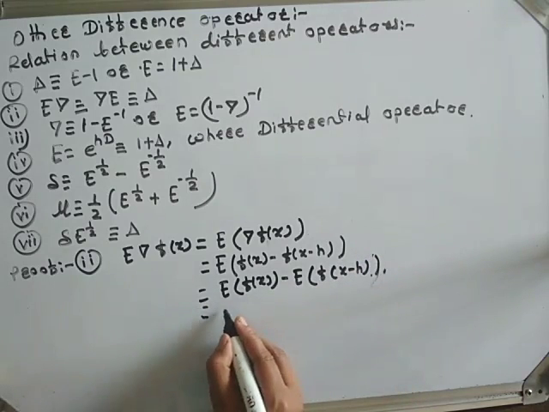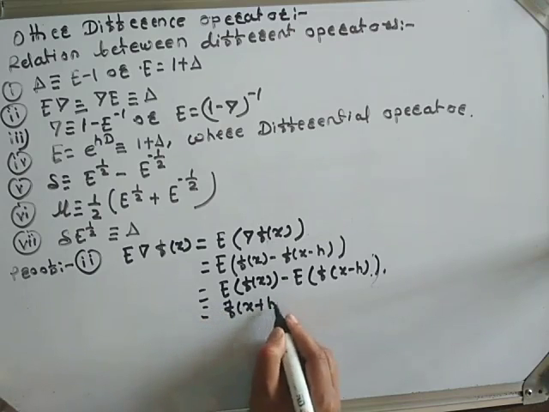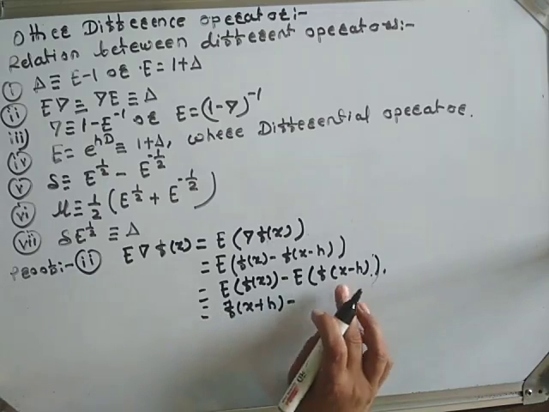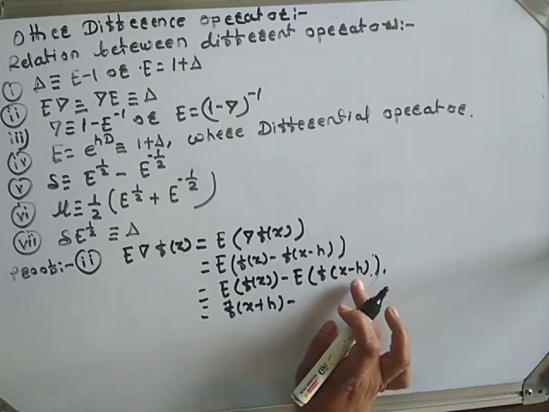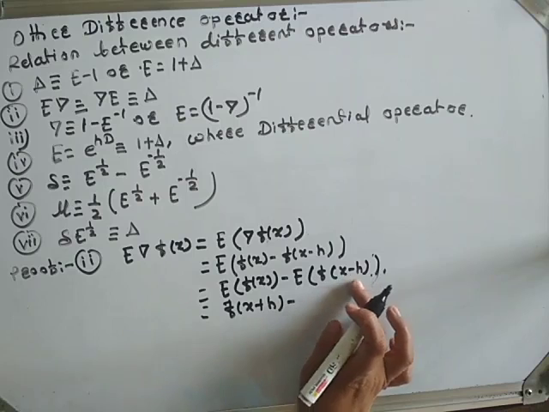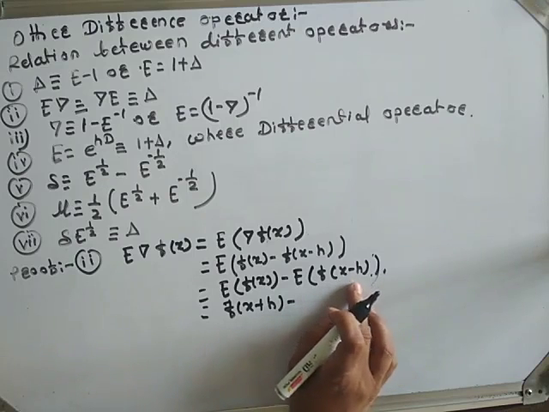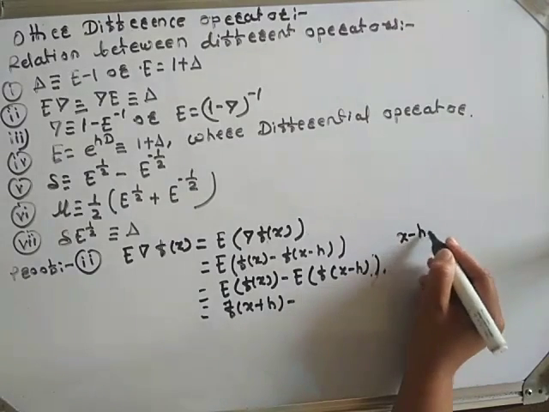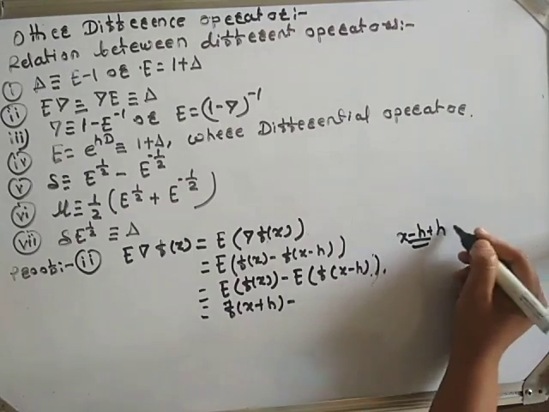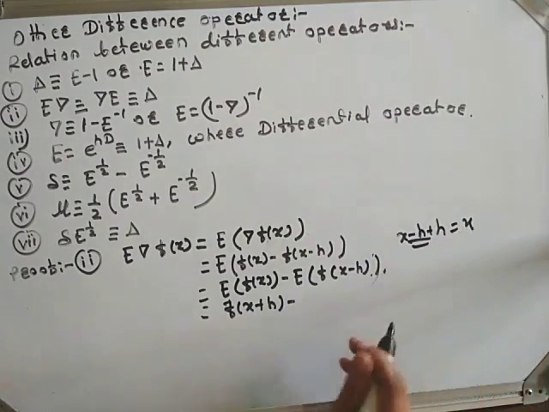E of f of x is f of x plus h, minus E of f of x minus h. This x minus h is increased by h, means x minus h plus h, which is equal to x.